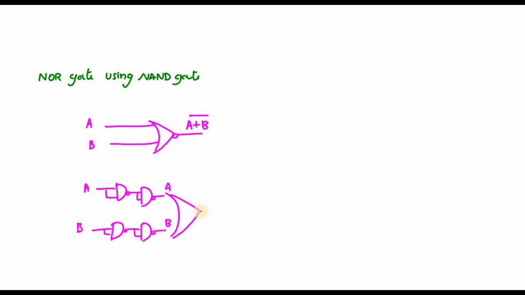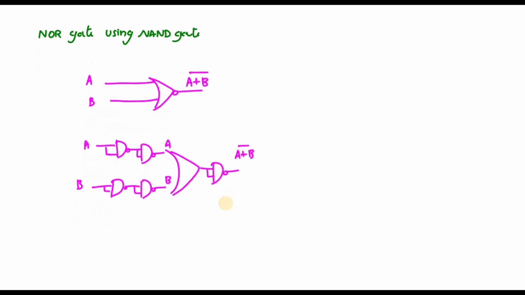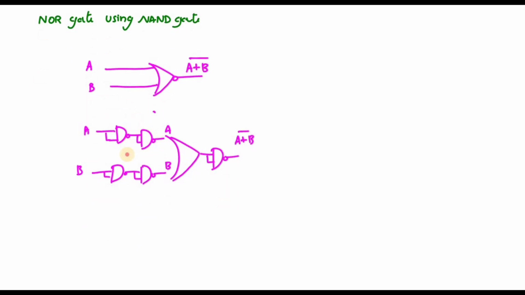And this one I can draw it like this, right? This inverter I can draw it like this. So there is nothing but A plus B the whole bar. So instead of this, I can draw it as a NAND gate, right?